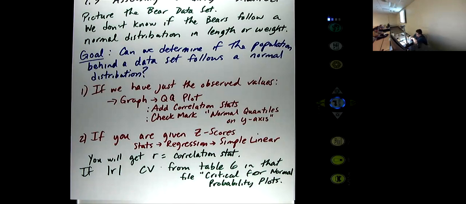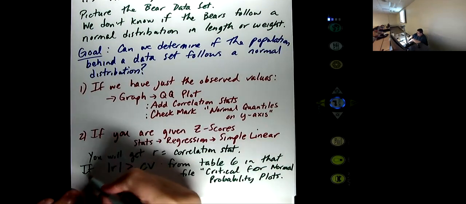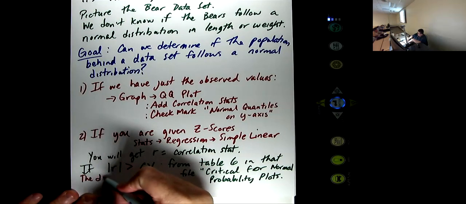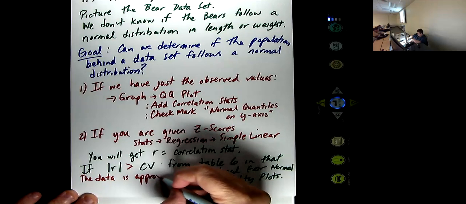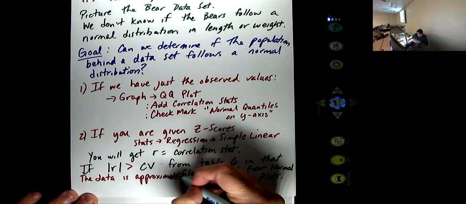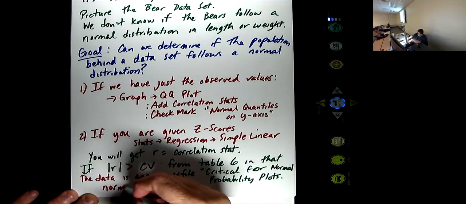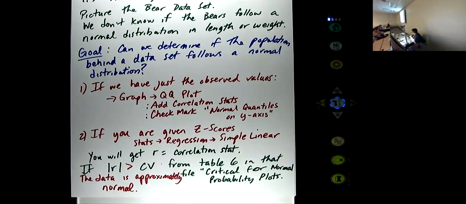And if R is greater than CV, the data is approximately normal. That's what you're looking for. And that's why we call it assessing normality.